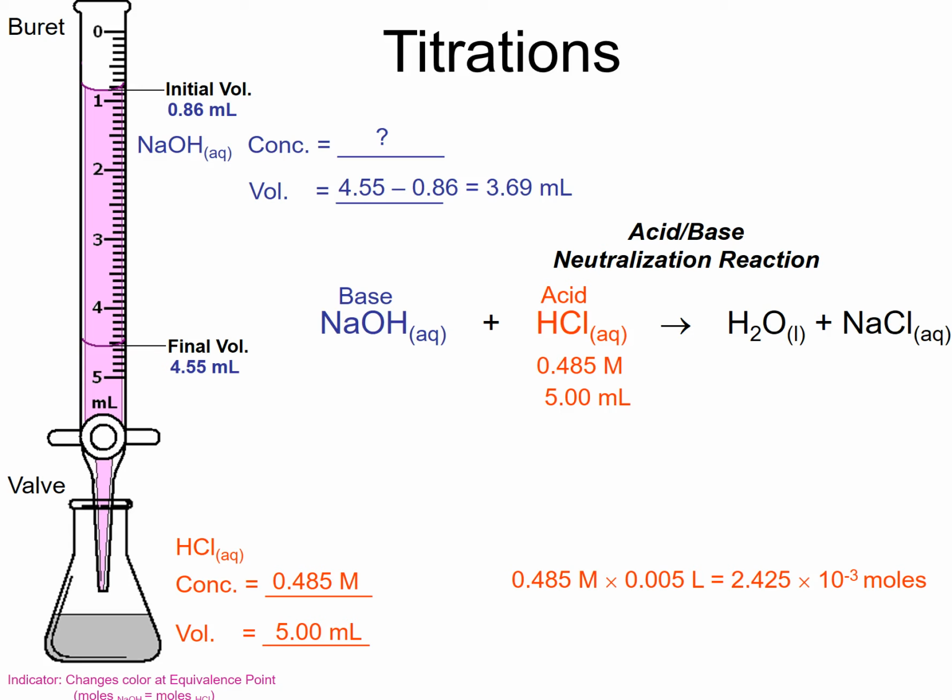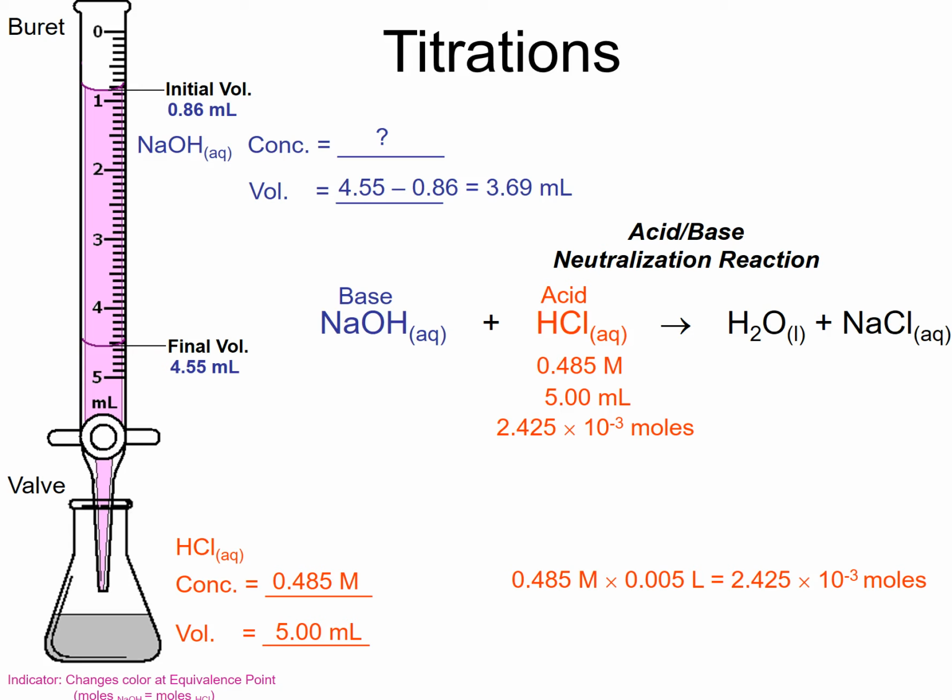We can multiply the volume and the concentration together, being sure to convert the milliliter amount into liters, and determine how many moles of HCl we have, and that's what I've done for you in this step outlined in red. 0.485 is the molarity times the volume in liters, 0.005, and that gives us 2.45 times 10 to the minus 3 moles of hydrochloric acid.